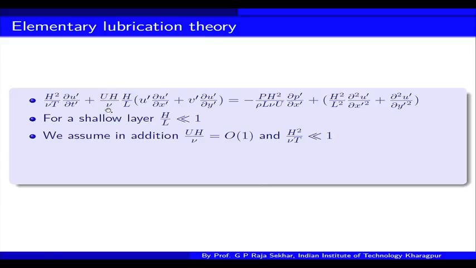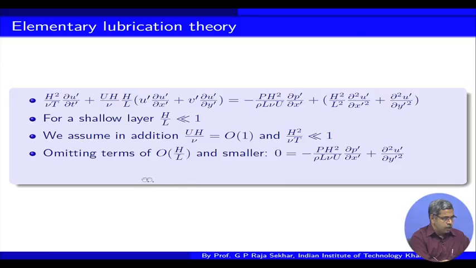Our aim is strictly to consider the lubrication approximation, so in order to control that, we are assuming the Reynolds number is of order 1, so that we capture h by L much less than 1. And we would like to have the steady behavior, so we are assuming the corresponding diffusion time scales are very small, and we are neglecting that.